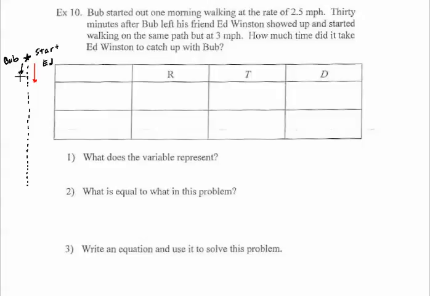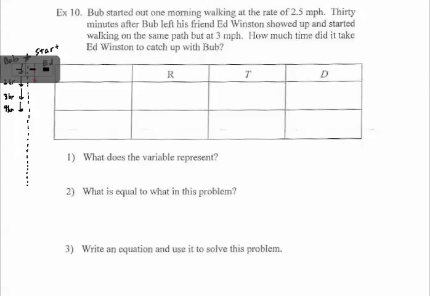Bub starts out, and if he's going 2.5 miles per hour, in 1 more hour, 2 hours, he will be this far along. In 3 hours, he will be that far along. 4 hours, there. Okay, so we just copy down this arrow 4 or 5 times, however far you want to go out.